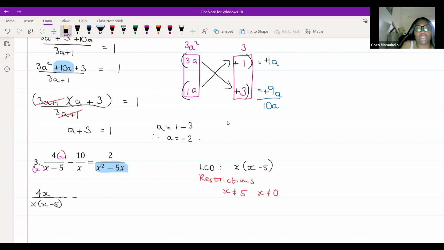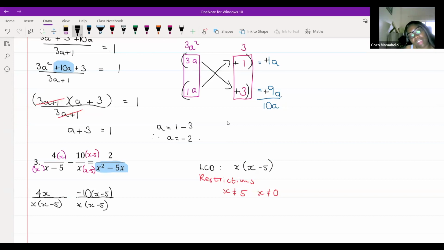So on the top, I'm going to have minus 10. Now, at the bottom over here, I'm missing an x minus 5. So I must also multiply the top by x minus 5, right? Minus 10 multiplied by x minus 5 over x times x minus 5.